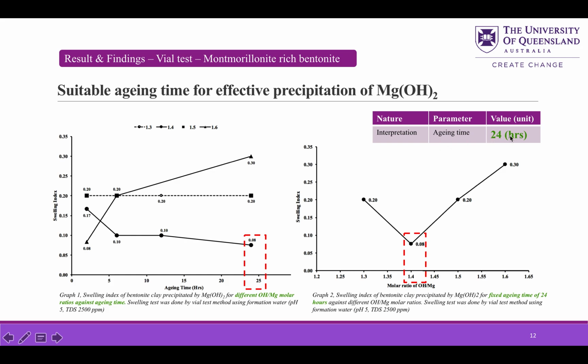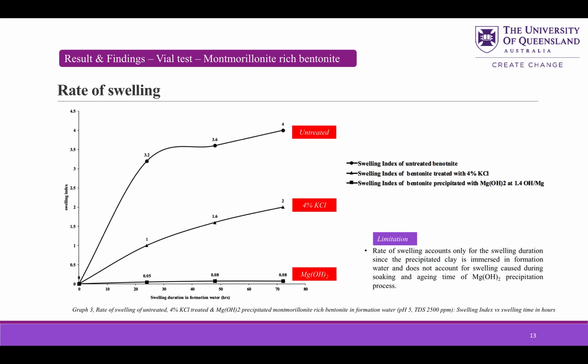So that's how an aging time of 24 hours was decided as effective for precipitation.